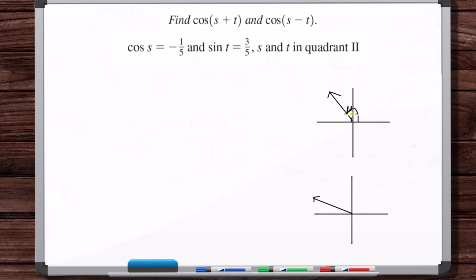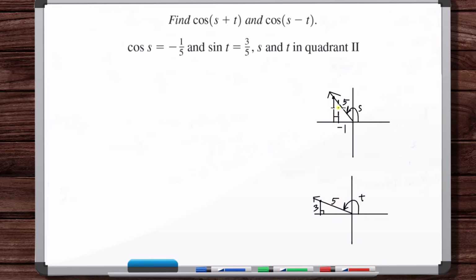All right, there's S and there is T. Okay. All right, cosine S adjacent over hypotenuse, so that's minus 1/5. Sine of T opposite over hypotenuse.